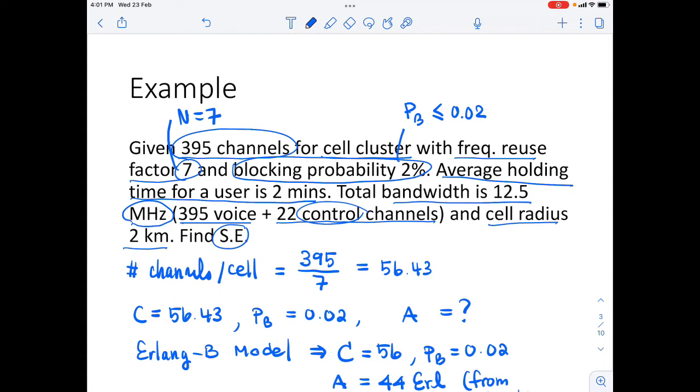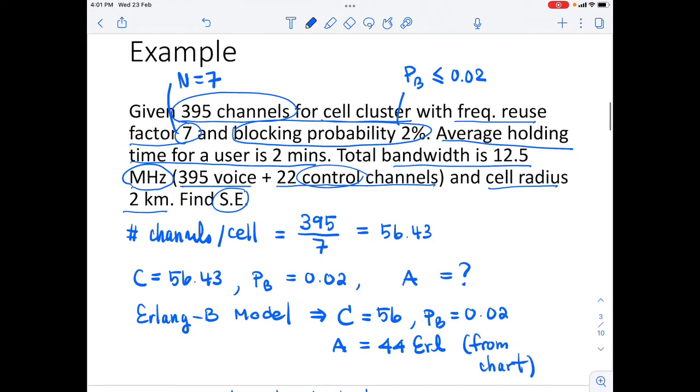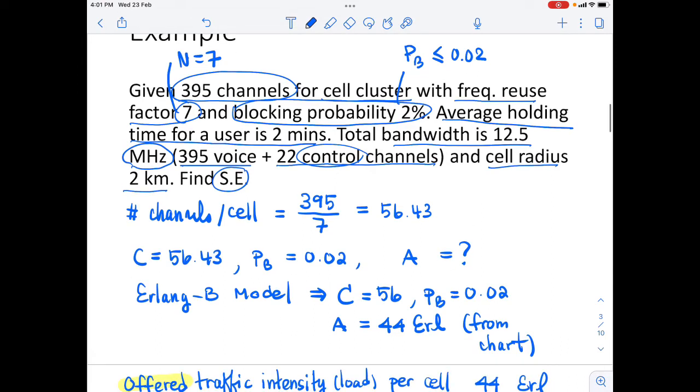First, we're going to find the carrier traffic intensity of this system. We want to find the number of channels per cell. Remember, the whole system has 395 channels, and we apply a frequency reuse factor of 7.